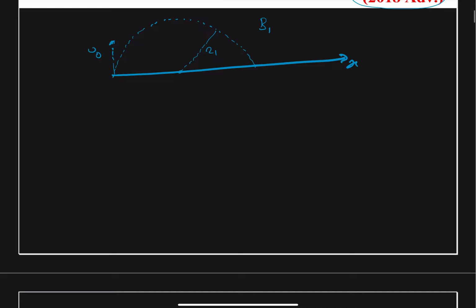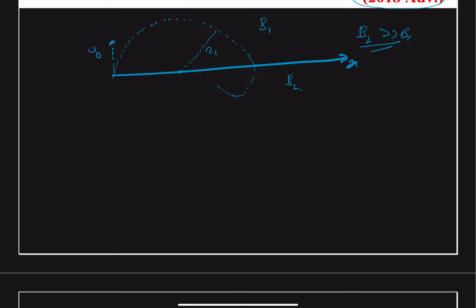And then we come to B2, which is 4 times B1. So the strength of magnetic field B2 is very large compared to B1. Because of this, the radius R2 of the path traversed by the charge in B2 will be much smaller than R1.